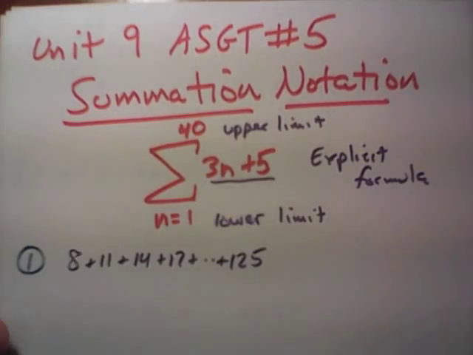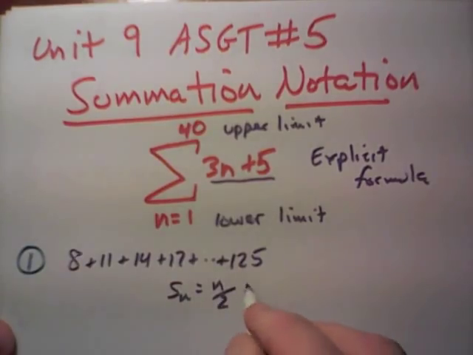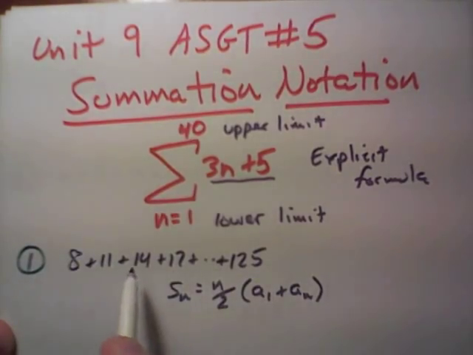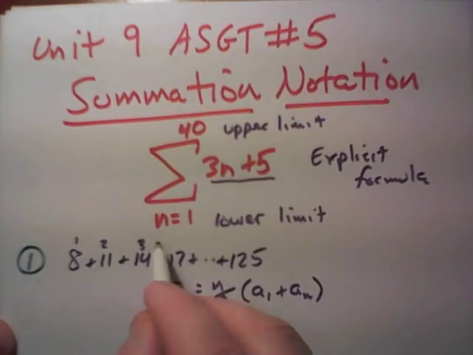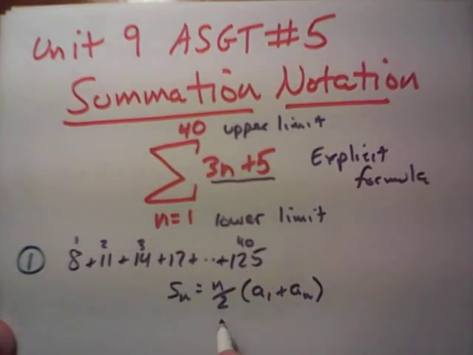And if we want to find the sum of this series, then we're going to use our formula that we talked about in our previous assignment, which is the number of terms divided by 2, and then our first term plus our last term. So in this particular example, we know that we have 40 terms. We started with the first term, then the second term, the third term. This would be our 40th term. So it's going to be 40 over 2.